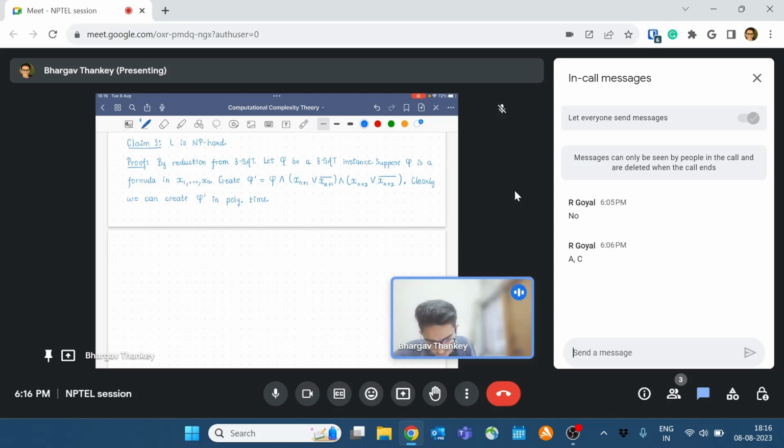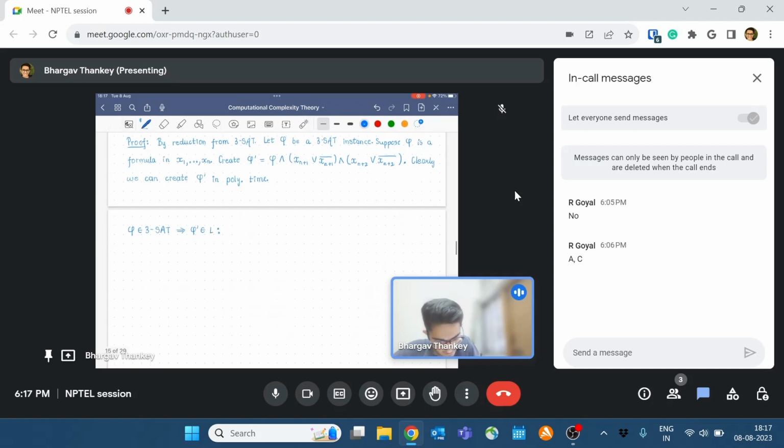For that we need to prove that if phi is in 3 sat, then phi prime is in quadruple sat. If phi is in 3 sat, it implies that there exists a1 to an such that phi of a1 to an is 1.